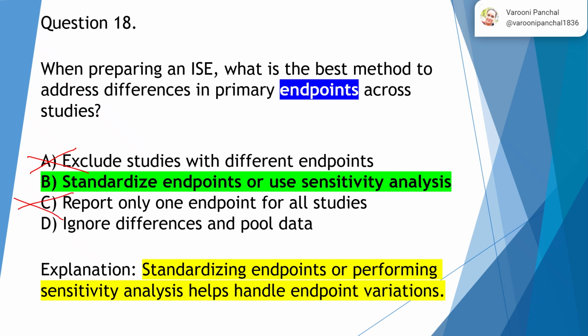No. Whatever the endpoints, especially across 12 or multiple studies, you need to come up with the harmonized primary objective, the secondary objective and the exploratory objective, and find out which are the endpoints. And if the sponsor says that each and every endpoint analysis needs to be present in the ISS, then you don't have any choice to exclude them. Ignore differences and pool data. No, you cannot ignore the differences.